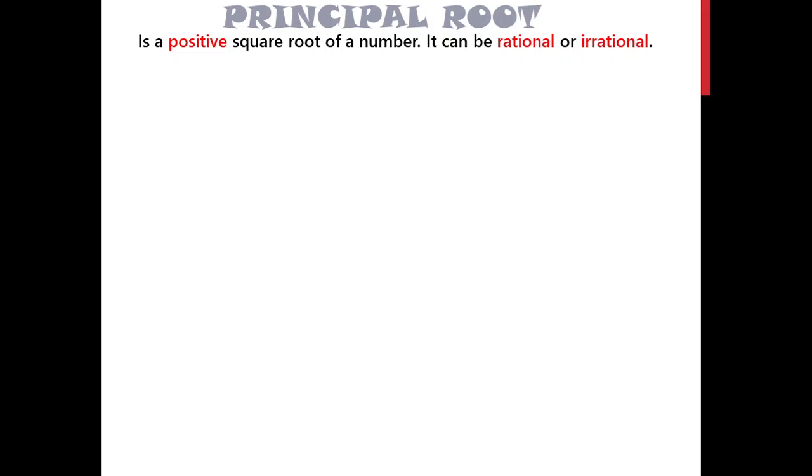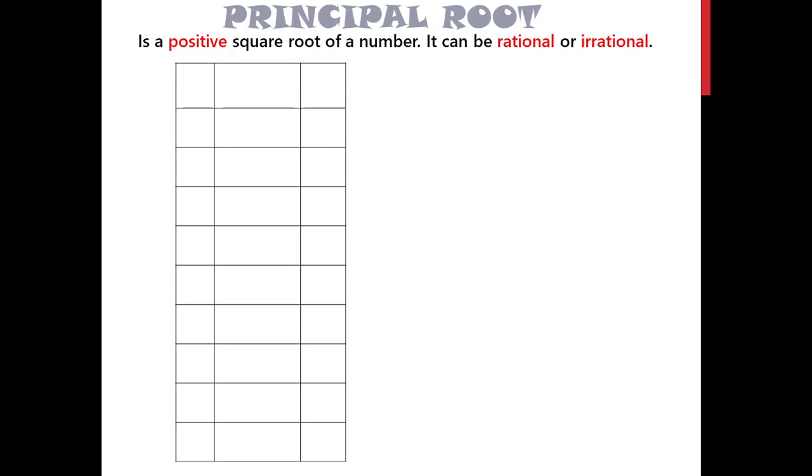Now, for us to know the principal root of a certain number, we need to memorize or be familiar with the perfect square numbers. So I made a table here of those perfect square numbers. You need to be familiar with these numbers.